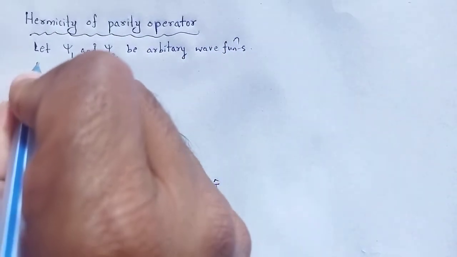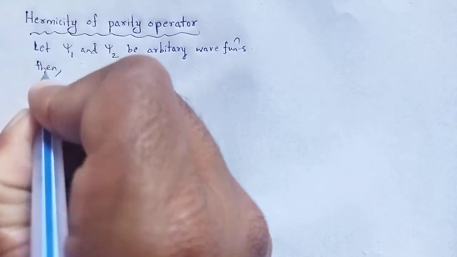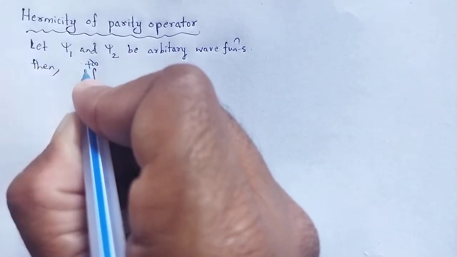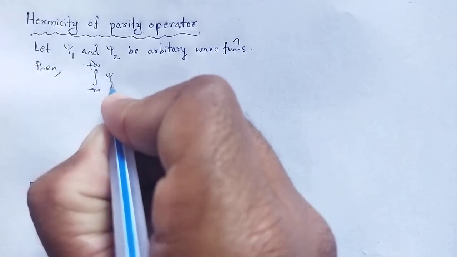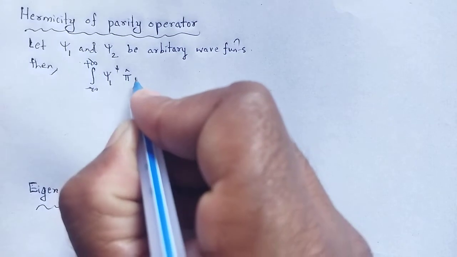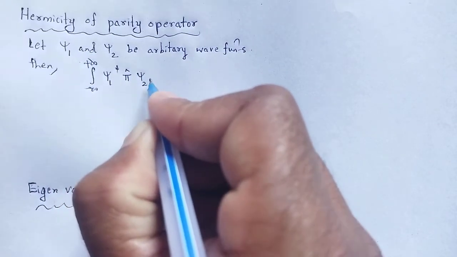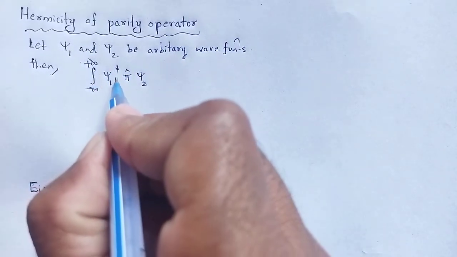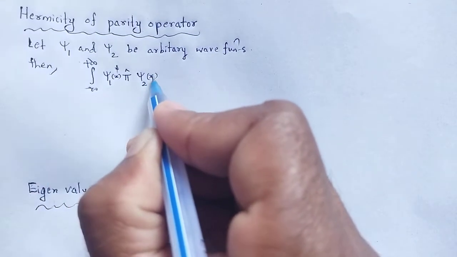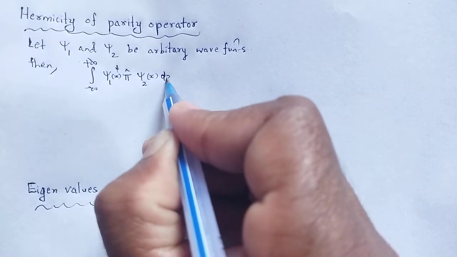Then the integration from minus infinity to plus infinity of psi 1 star pi cap psi 2 dx, where psi 1 is a function of x and psi 2 also is a function of x.